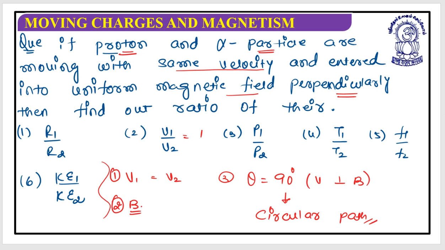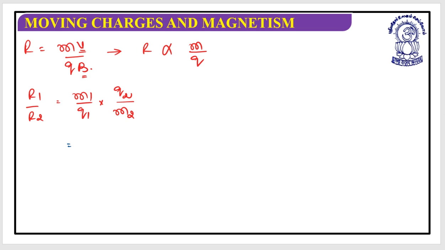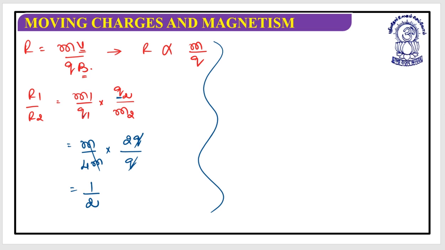Which two particles do I have? A proton and an alpha particle. Mass of a proton is m, mass of an alpha particle is 4m. Charge of an alpha particle is 2q and charge of a proton is q. So the q has gone, and 2 is to 4 is 1 is to 2. Is it clear? Yes, so this is the radius.